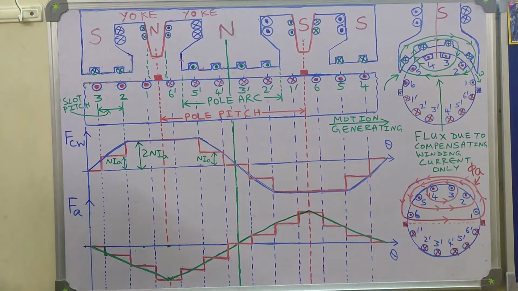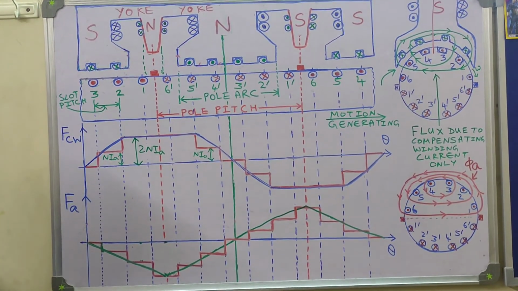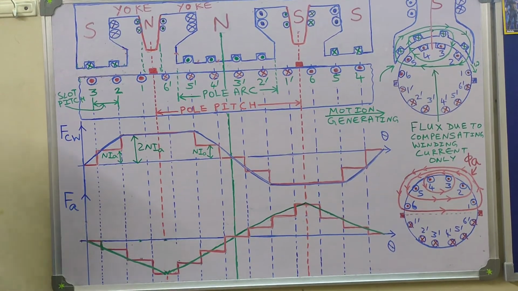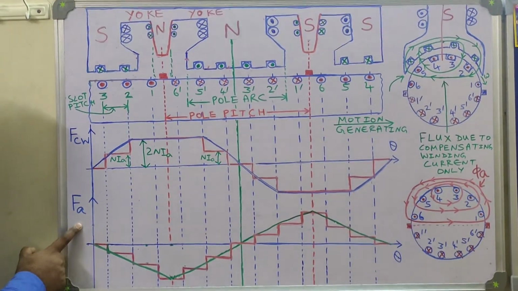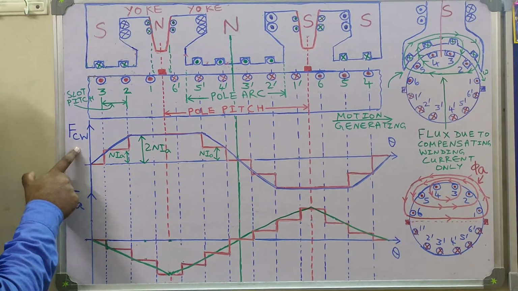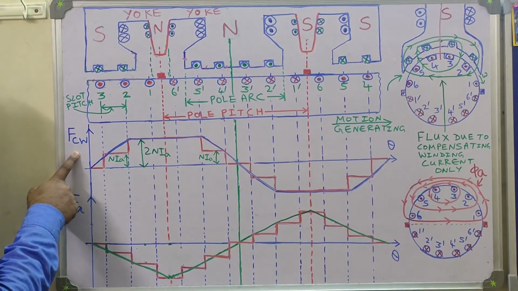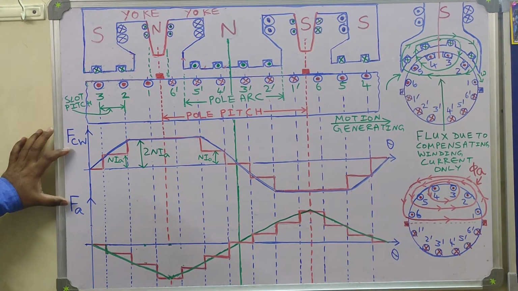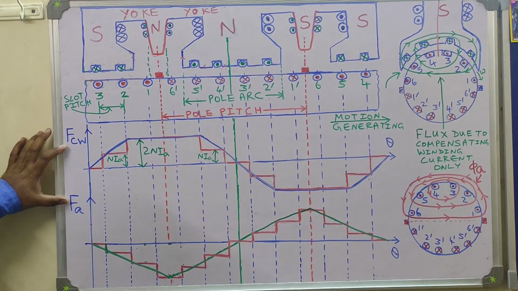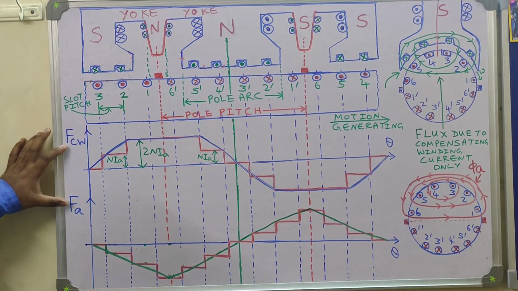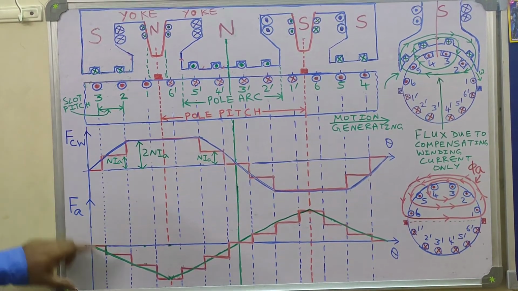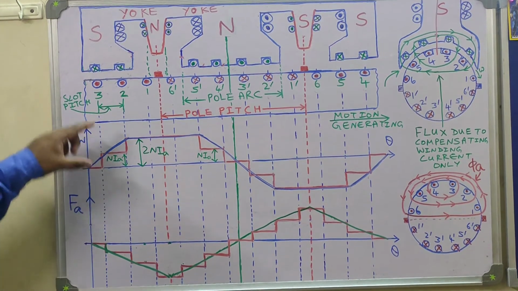That has to be kept in mind. Armature MMF individually is not zero, and compensating winding MMF individually is also not zero. What we are saying is that when we take the combined effect, or the sum, of compensating winding MMF and armature MMF, the net MMF will be zero.